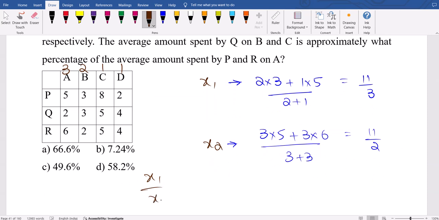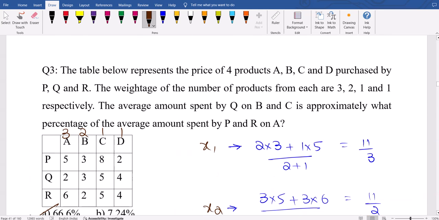So X1 divided by X2 into 100. 11, 11 cancel, 1 by 3 divided by 1 by 2, the denominator will invert, so it's like 2 by 3, 66.66. We have to go with 66.66 percentage.